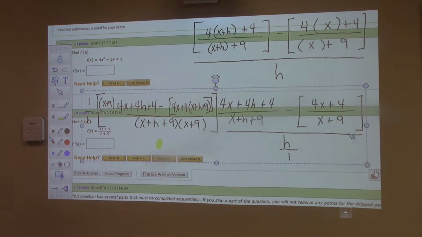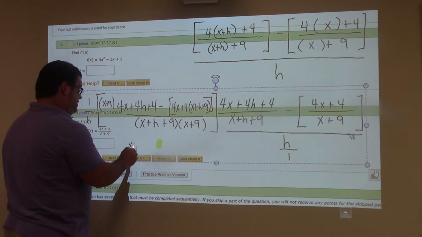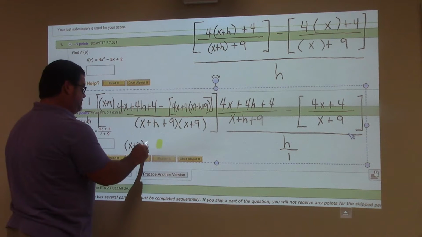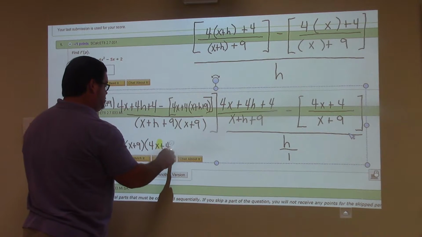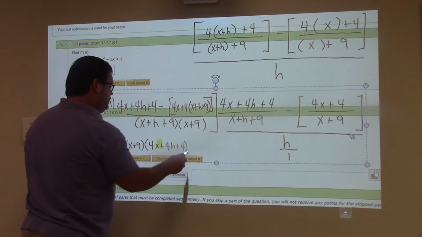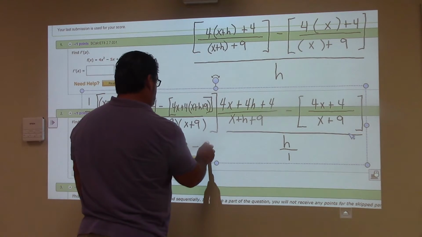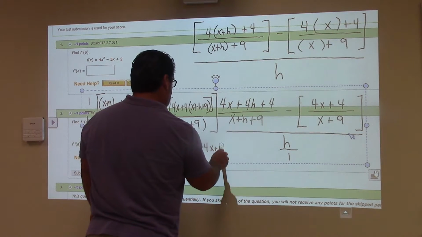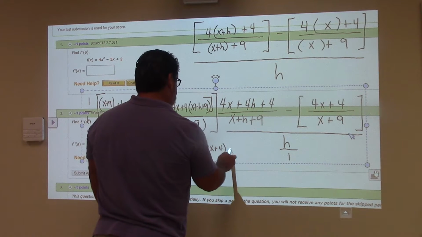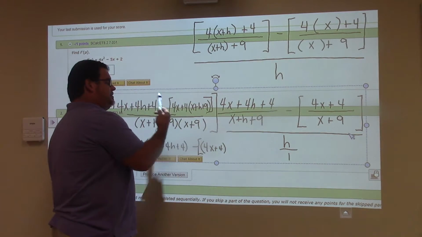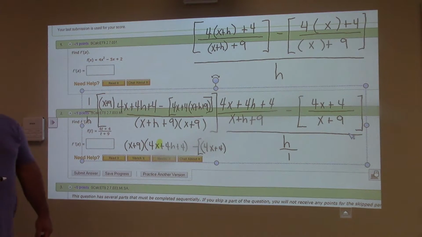All right, so I'm going to rewrite this. x plus 9 times 4x plus 4h plus 4, minus 4x plus 4 times, why do I keep this in brackets? Because I just want to confuse you.